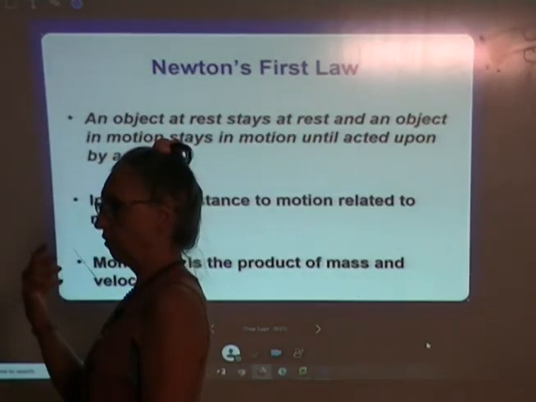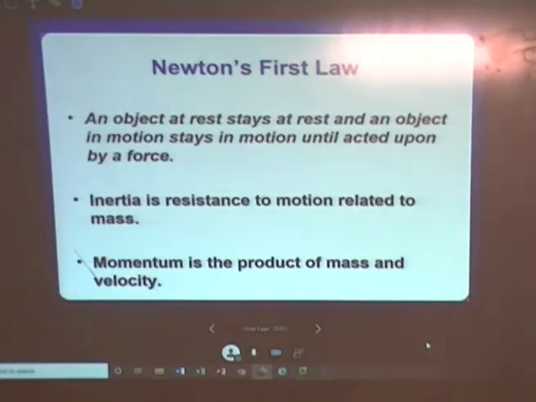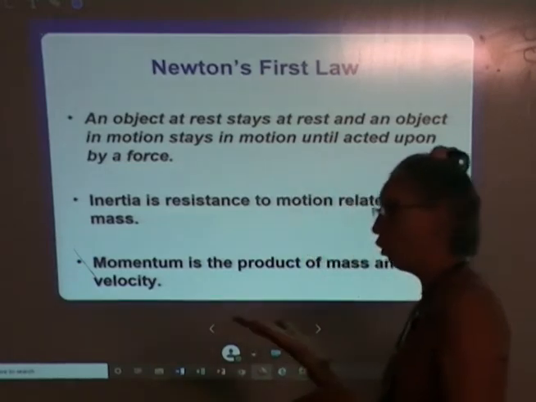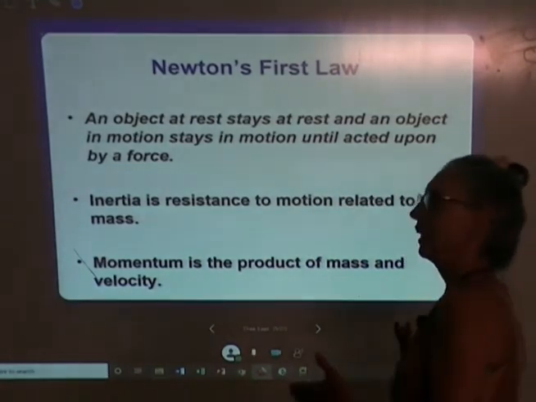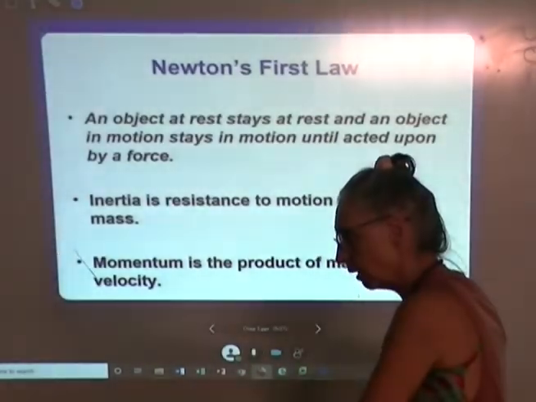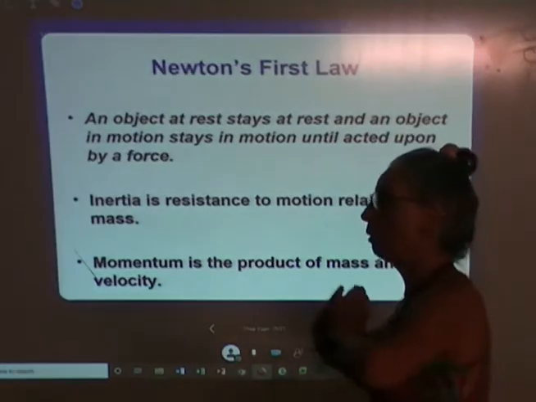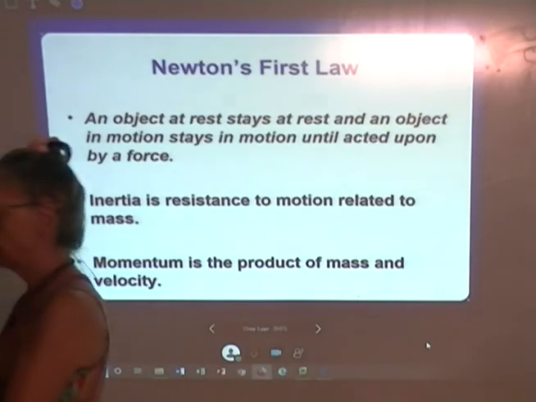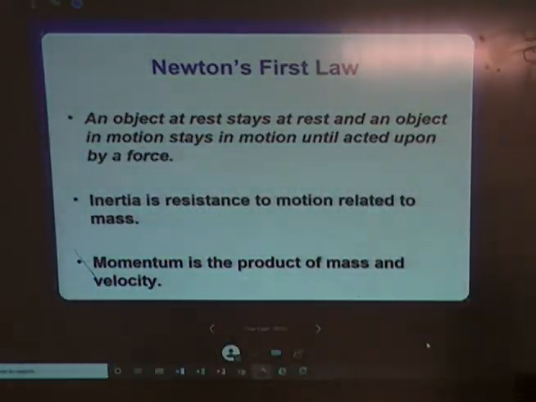If I push down and back, I go forwards. Because what happens is I push down and back, the floor pushes up and forwards.